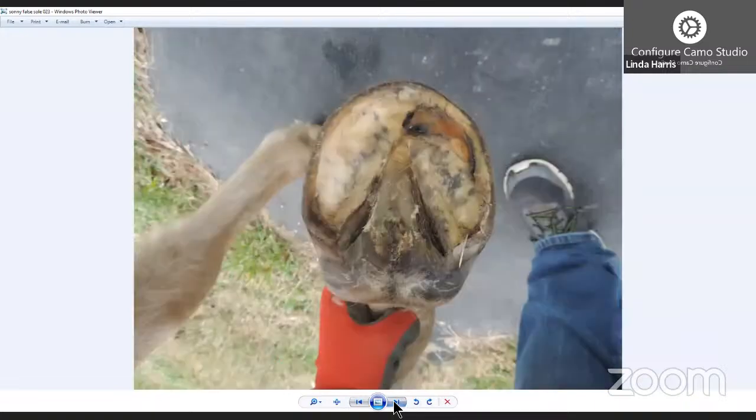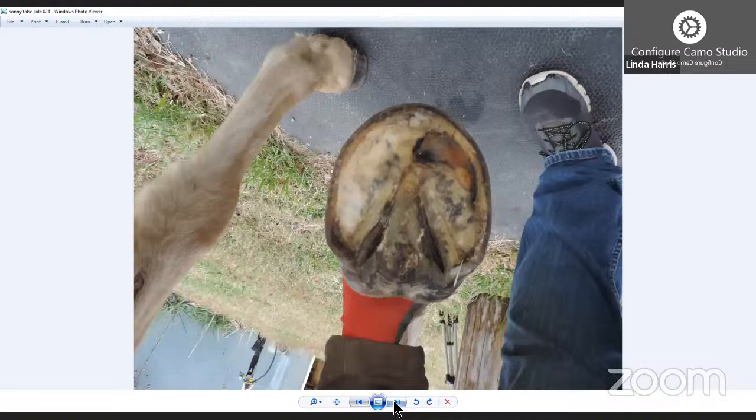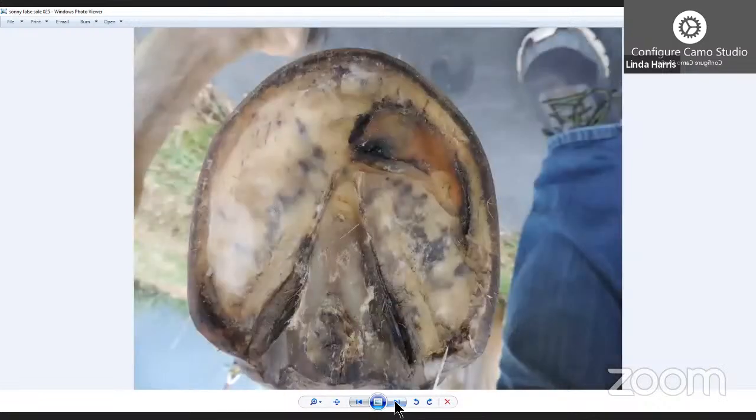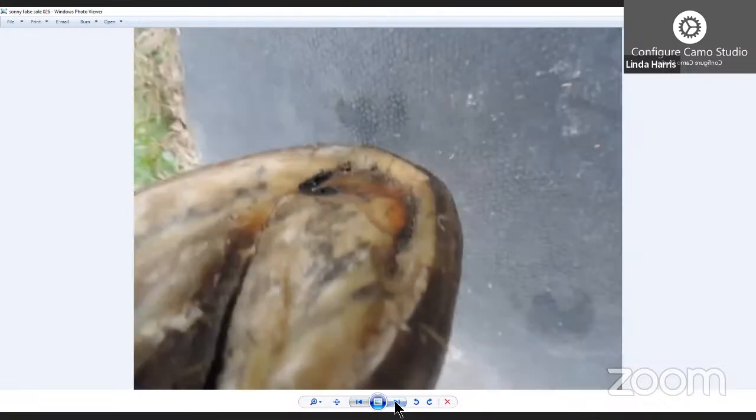And this happened on both front feet. So I brought back the toe some and the wall, and I made boots for him that he wore. I like to use socks too, so I put socks over their feet and pads in there so that he could grow sole back over that area right there.